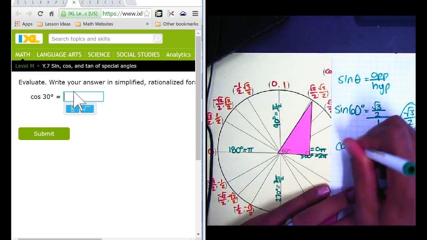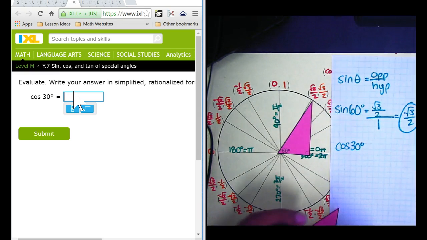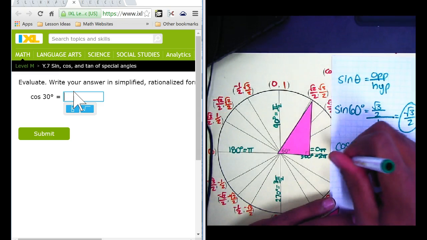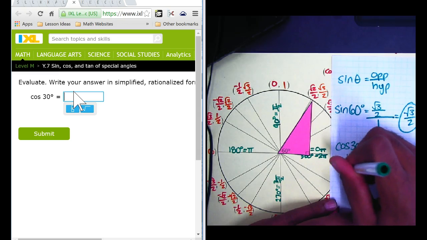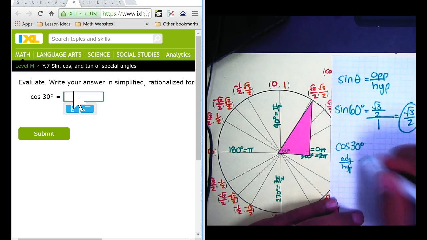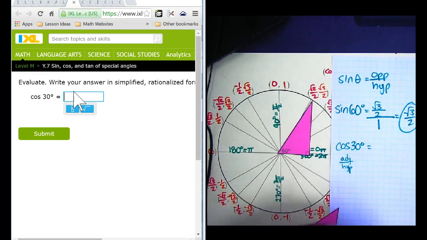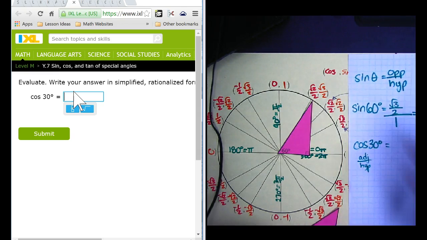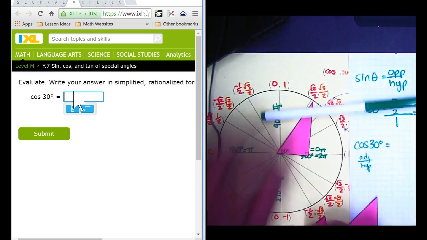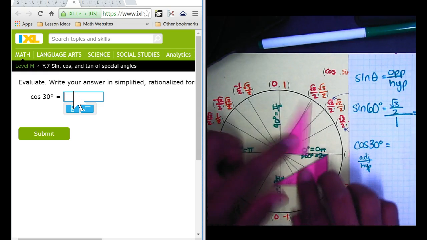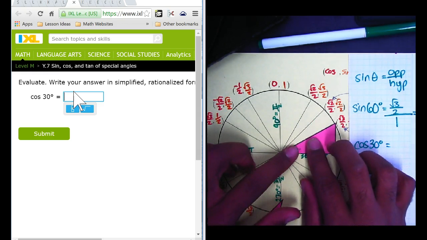Well, cosine says that we're going to take the adjacent over the hypotenuse. Adjacent over hypotenuse. Okay, so again, we're looking at 30 degrees. So that means I'm going to need to bring up my 30-degree triangle. 30 degrees is right here.